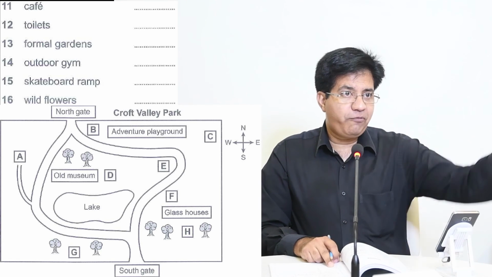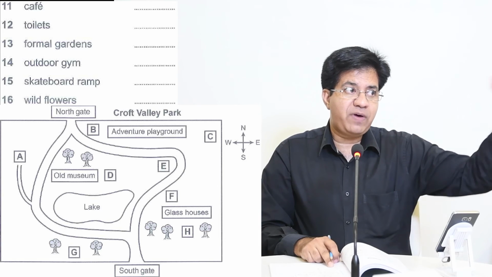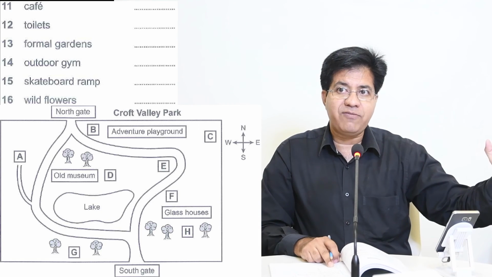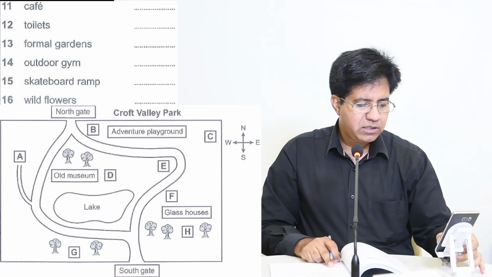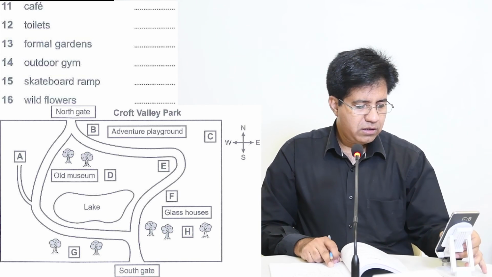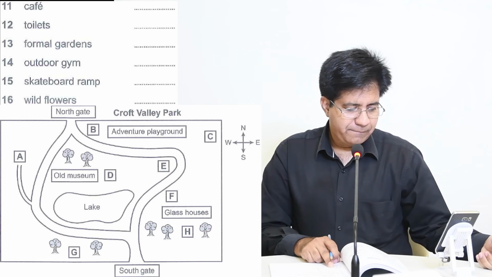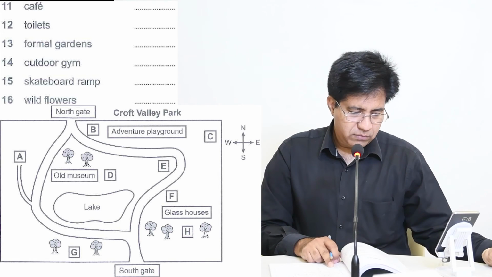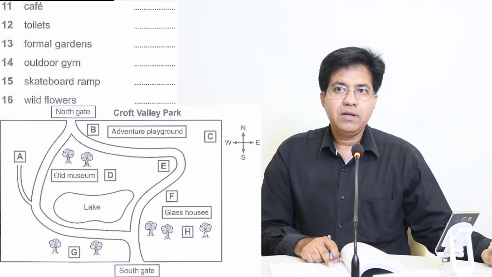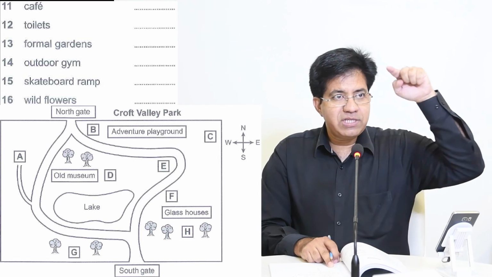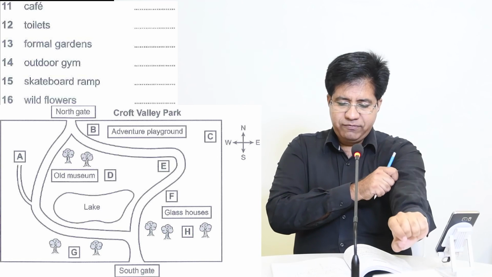That leads off. Now you need to understand this language. Why am I playing it again? To focus on the language. That leads off from the main path, right? The museum, at the end of a little path that leads off from the main path between the lake and the museum. Between the lake and the museum, there is a path, and that's leading off.